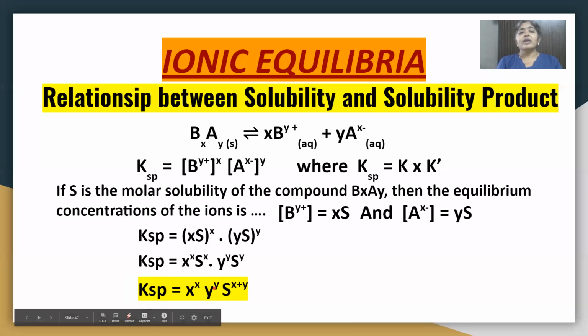What are x and y? They are the coefficients of the ions in the balanced chemical equation. When you write the balanced chemical equation, the coefficients of the ions present are your x and y, which you substitute here. A very simple formula to remember, and very easy to solve numericals based on it.